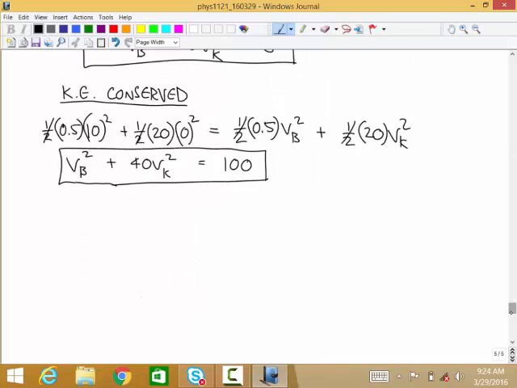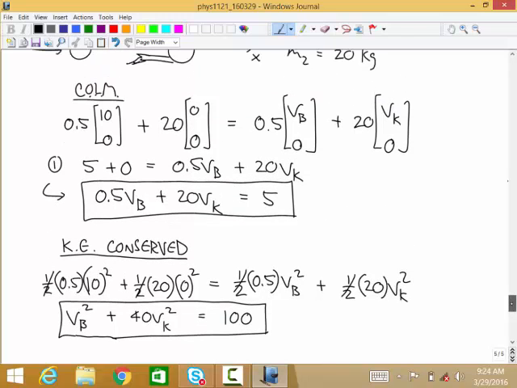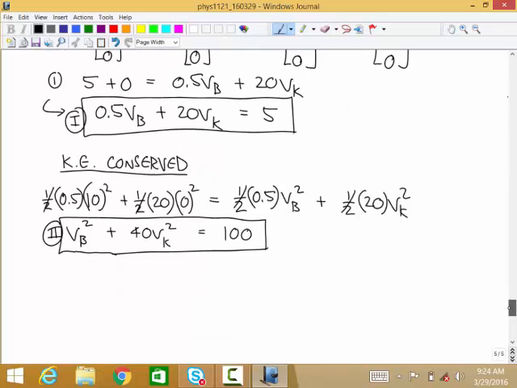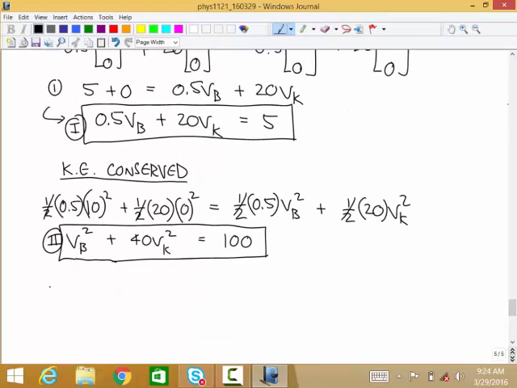Okay, so I'll call this equation 1 and this equation 2 in Roman numerals. So equation 1 says VB is equal to 10 minus 40 VK.